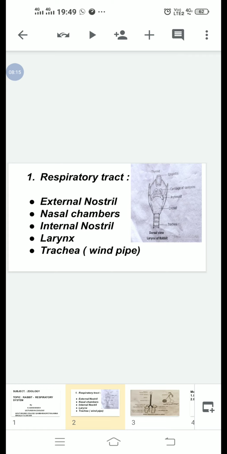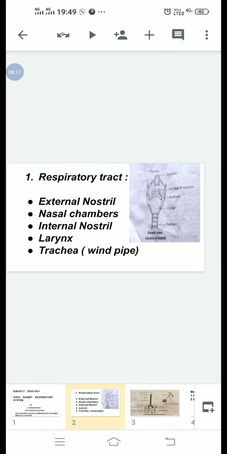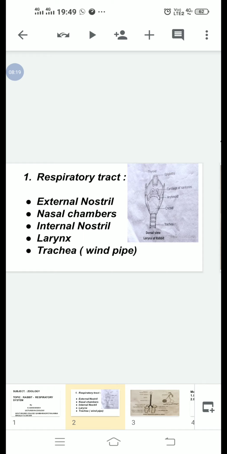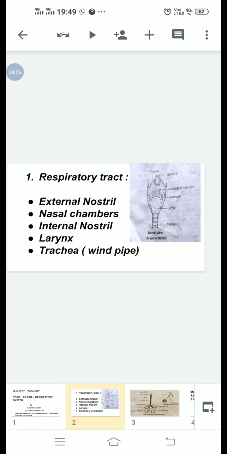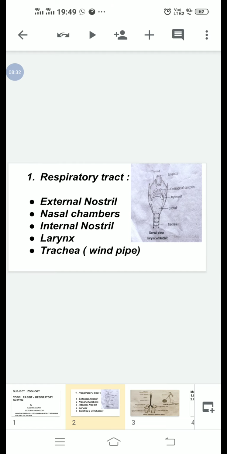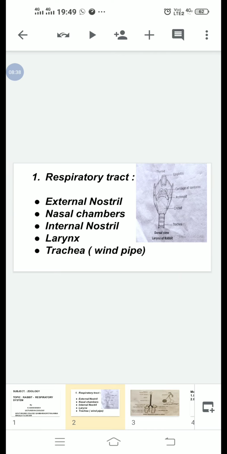The cavity of the larynx is called laryngeal chamber. The laryngeal chamber contains two pairs of membranous folds. These are called vocal cords.